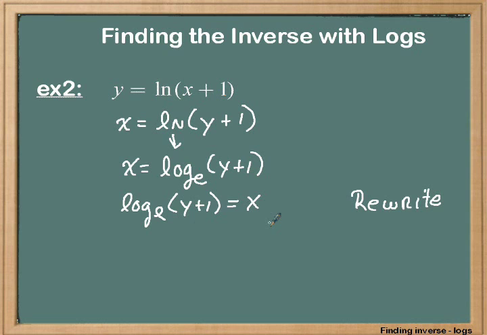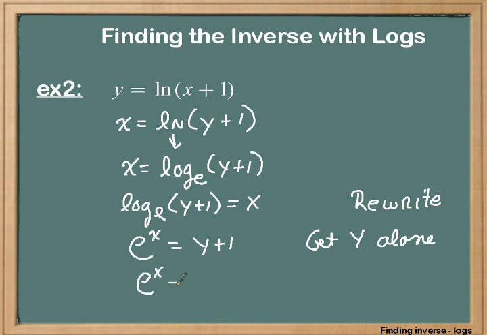We're going to take that base e and make it the base of the exponent, which is x, and it's going to equal y plus 1. But you must get y alone. So if we have to get y alone, we have to keep going here, and the final answer is e to the x minus 1 equals y. This is our final answer.